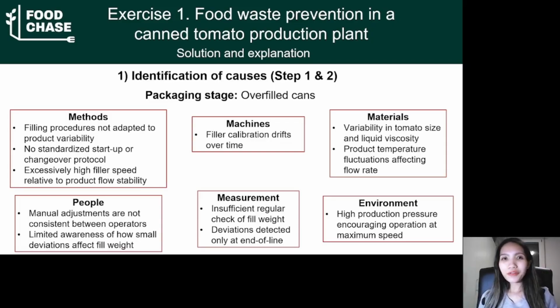You can fill all of this information in the template of the fishbone diagram, but here I will only list the categories for convenience. In the method category, the causes could be filling procedure not adapted to product variability, no standardized start-up or changeover protocol, excessively high filler speed related to product flow stability.